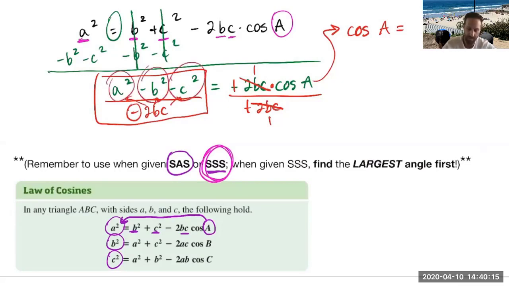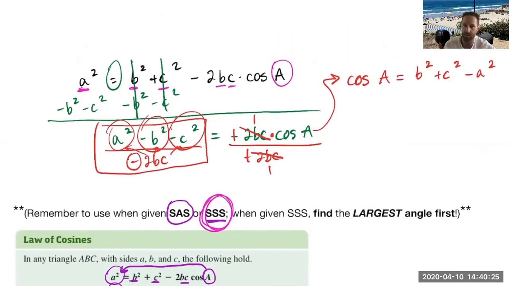So the b squared will now become positive, the c squared will become positive, and then the a squared will be the one that we're going to end up subtracting. Let me bring that down so that you can all see it. My apologies. And then we had all of that over our 2bc, and that way we don't have a negative down there. No big deal, but it's just a little bit simpler looking when we don't.